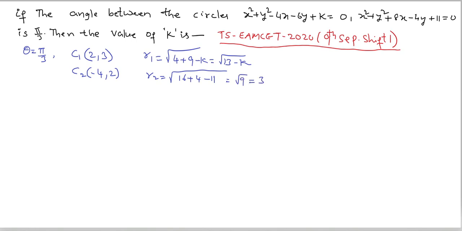You know that the angle between the circles is given by cos theta equal to d square minus r1 square minus r2 square by 2 r1 r2.